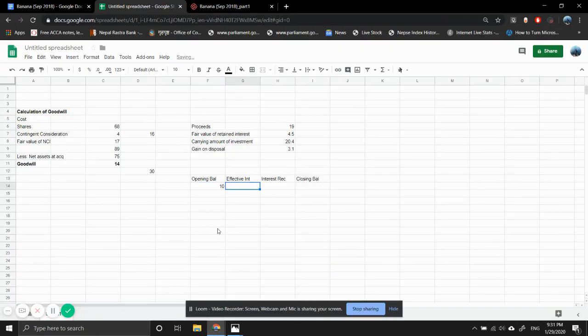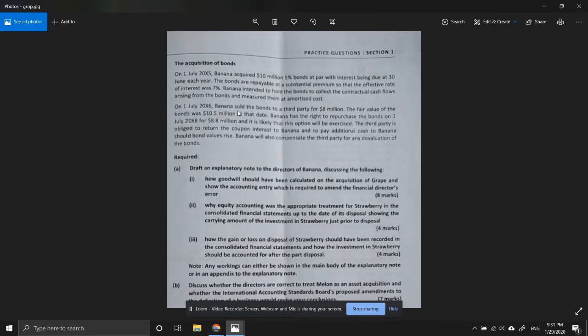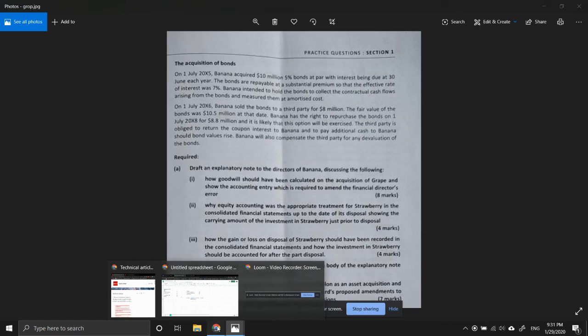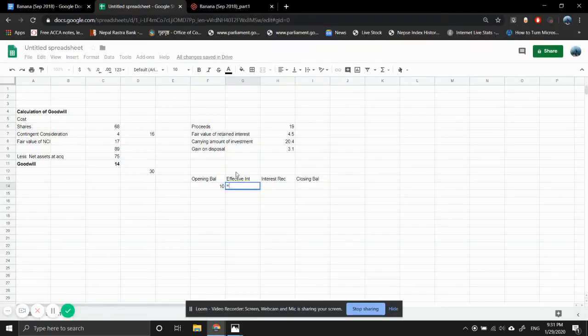So 10, and then after that, what's the effective rate of interest? 7 and 5, right? So 7 and 5. Okay. Same thing for this.